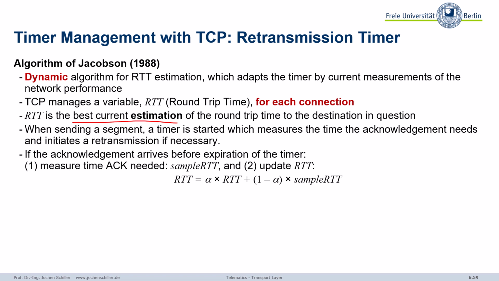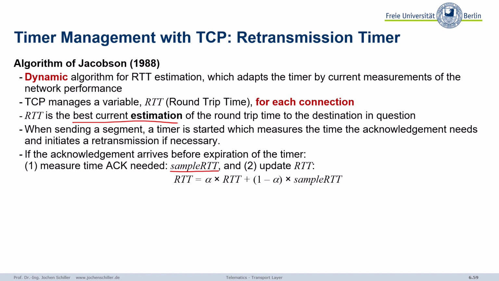If I receive the acknowledgement before the expiration of the timer, that means maybe the situation got better in the network, then I measure this sample RTT from this very specific acknowledgement I received, and then I update this variable RTT, my round trip time.